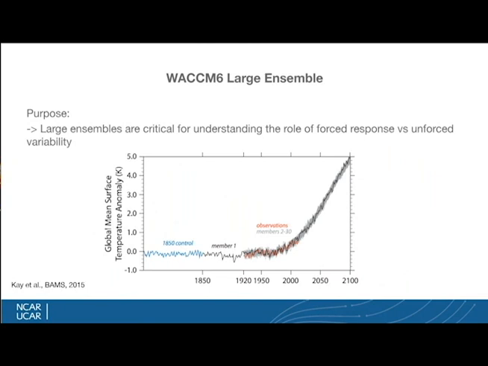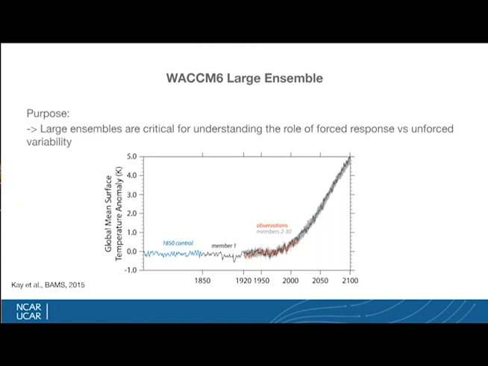All this is bringing me to the next topic, and they're related. Really trying to hammer the point that we will need large ensembles, which are really critical in our ability to separate the standard deviation of the forced response from internal variability.